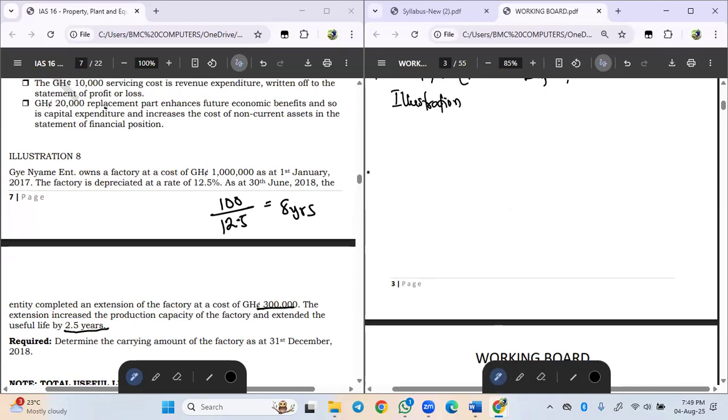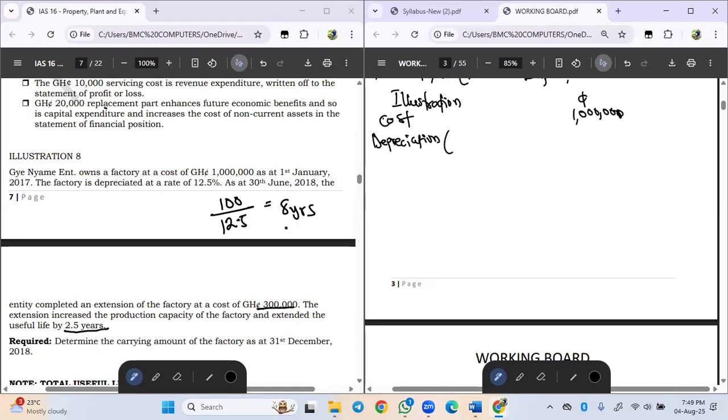All right. So the cost of the factory was 1 million. Now we calculate depreciation. The depreciation that we are calculating here is for the whole of 2017. So that one, you have two ways.